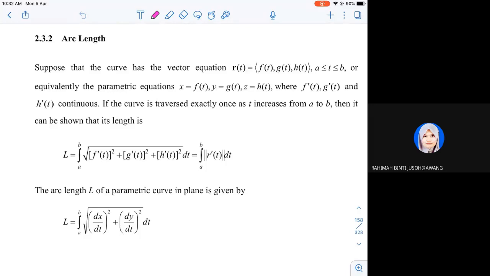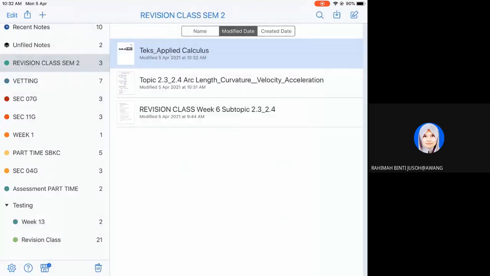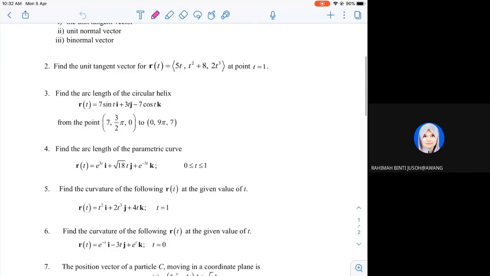We have L equals the integration of the magnitude of r prime t dt, and the integration is from a to b. What is a to b? a to b is the interval of the values of time. Like this. So now, question number 3.